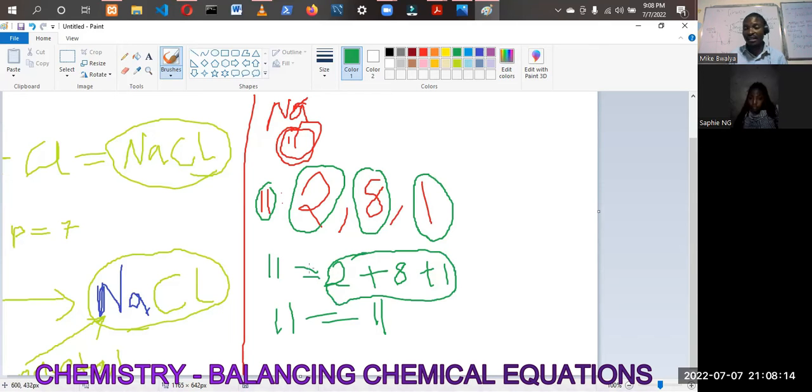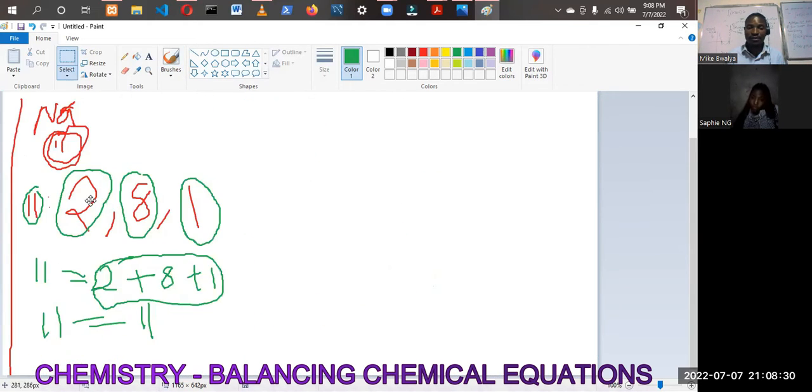Those 11 electrons, we are just dividing them so that we know which of them will take part in the chemical reaction. Again, we are moving on to that.